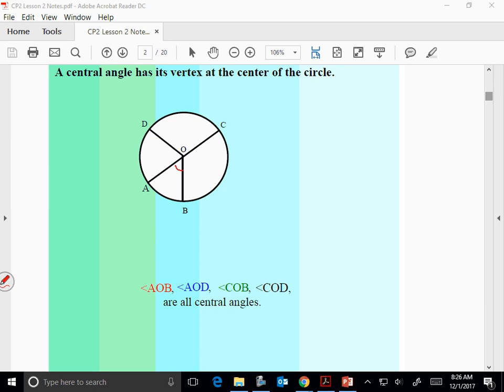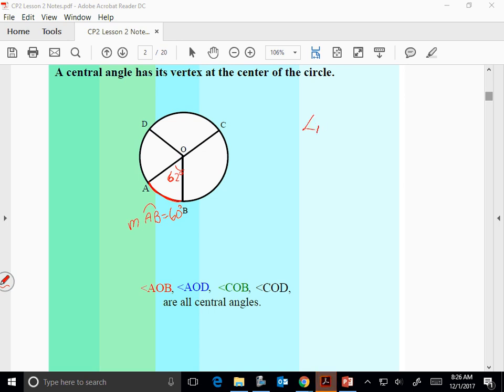Let's say that angle is 62 degrees. We can then say that the measure of arc AB would also be 60 degrees. Arcs have measures, and so do angles. If you have a central angle, it's equal to its intercepted arc.